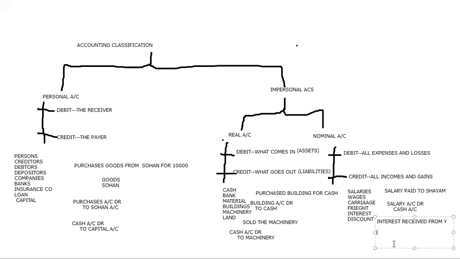Then what should be on the top? I said only two things should accompany, either cash or a bank. Nothing is mentioned, so I'm going to assume here cash account debit to interest account. Like this, I'm going to take it. Is this clear?